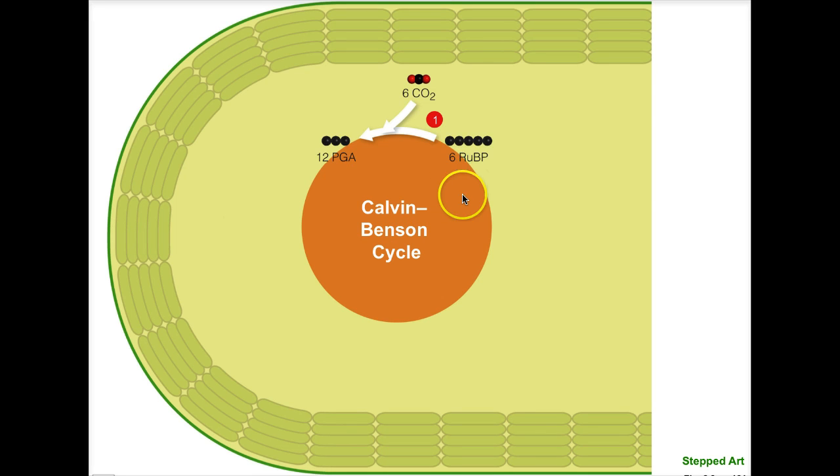So notice we have 6 RuBP molecules combining with 6 CO2 molecules. The black dots represent the carbon atoms. So we have a total of 30 carbon atoms here, represented with our 6 5-carbon RuBPs. And up here we have a total of 6 carbons represented in our 6 CO2s.